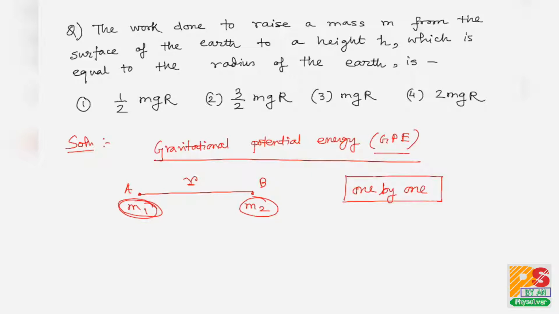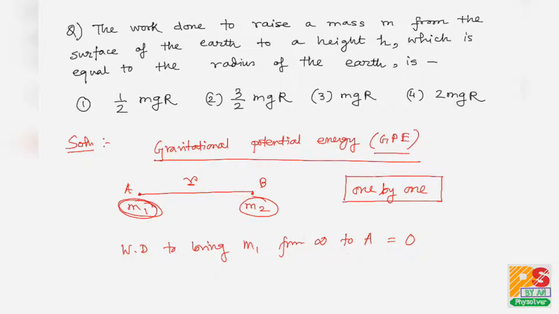Therefore always remember, the work done to bring the first mass from infinity to a particular point is 0. Therefore the work done to bring m1 from infinity to A is always 0 because there is no gravitational field.